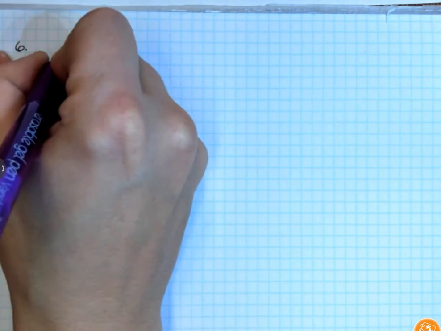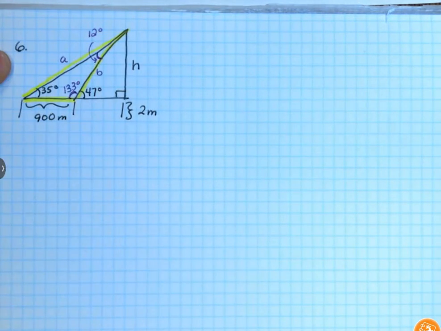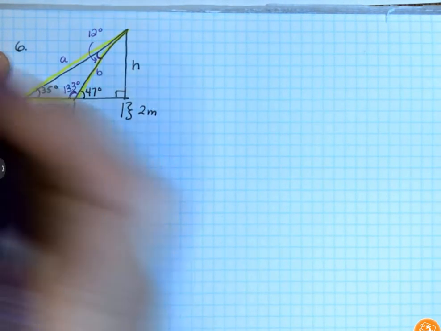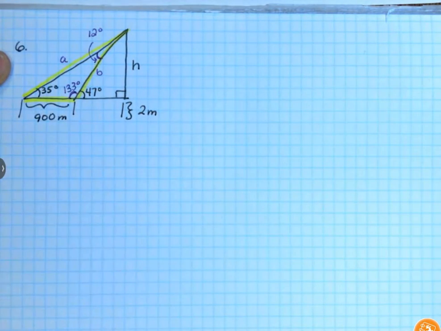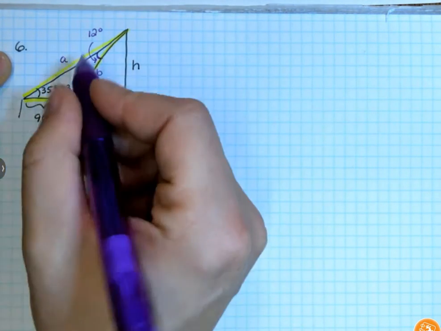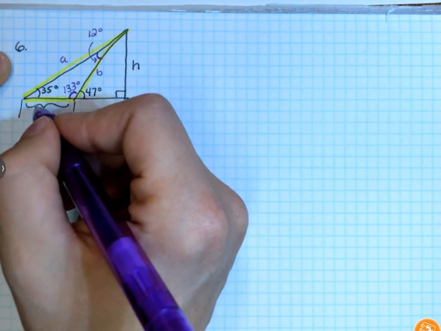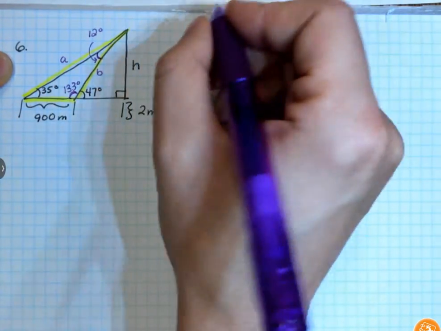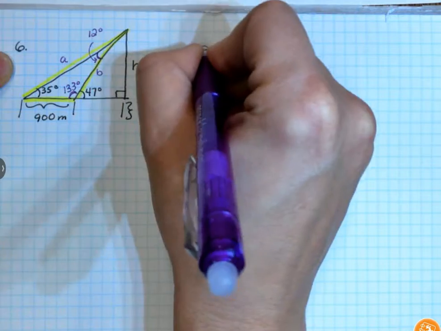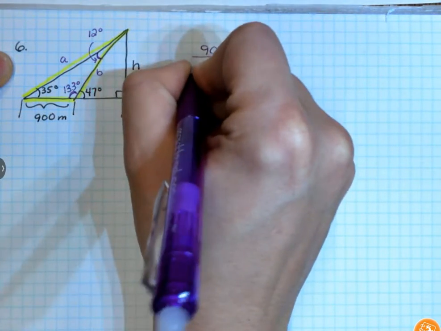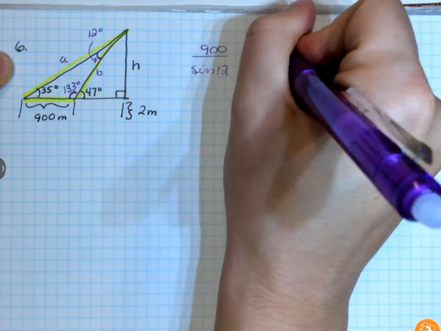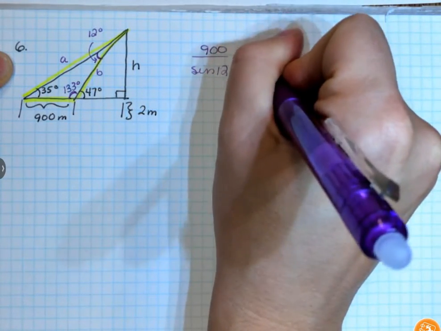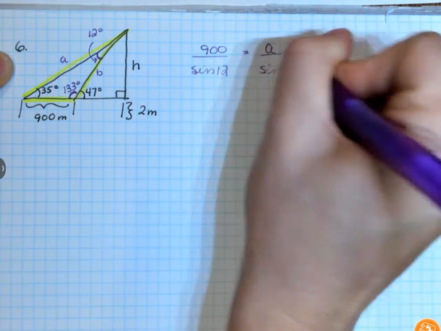Now it's your choice. I'm going to call that A and that B. Since this was your question, David, which one do you want me to do, A or B? A. So I'm going to do A. Okay, so 900 pairs up with the sine of 12, and I'm going to have A pairing up with the sine of 133.